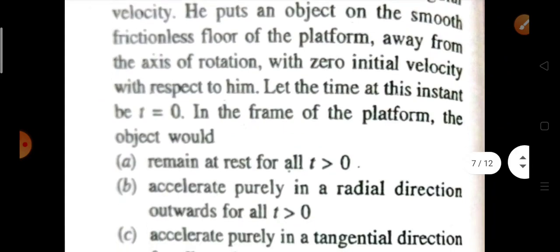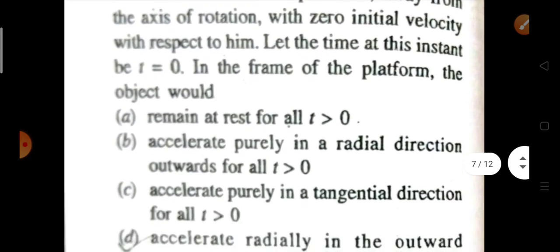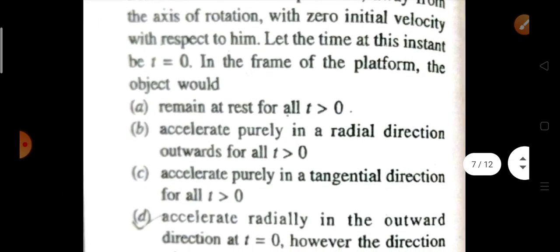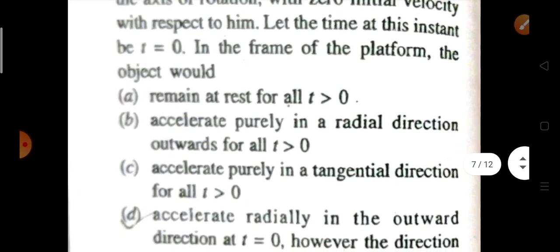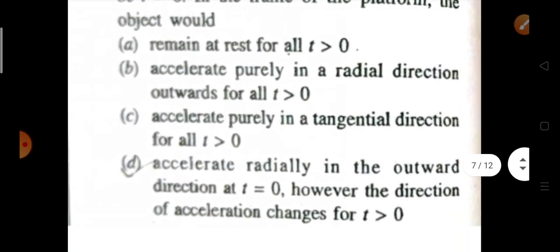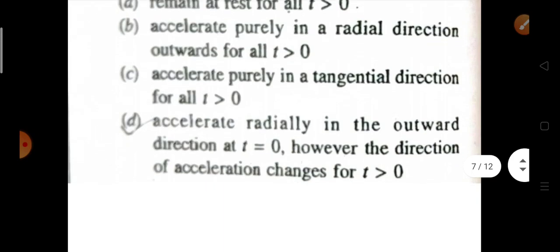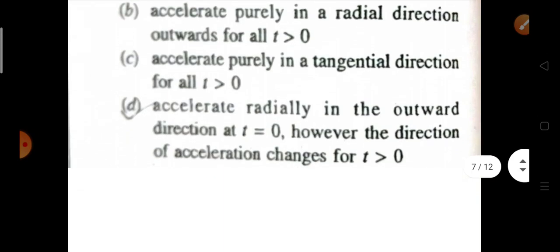In the frame of the platform, the object would: remain at rest for all t greater than 0; accelerate purely in a radial direction outwards for all t greater than 0; accelerate purely in a tangential direction for all t greater than 0; accelerate radially in the outward direction at t equals 0, however the direction of acceleration changes for t greater than 0.